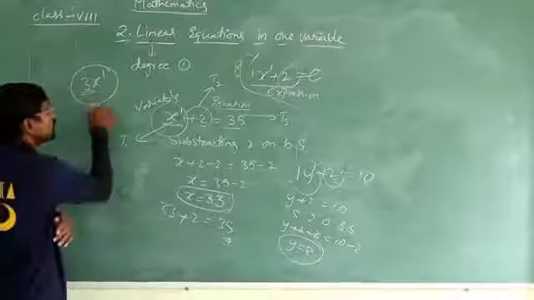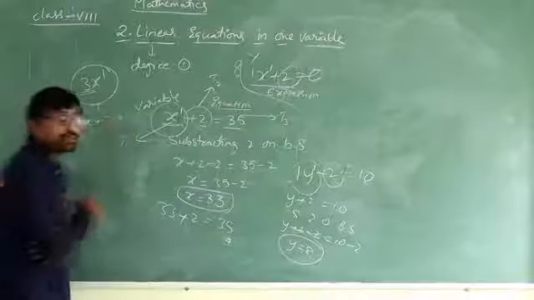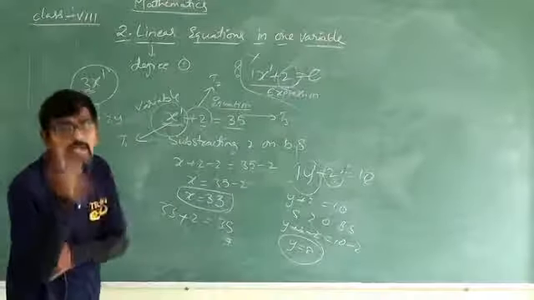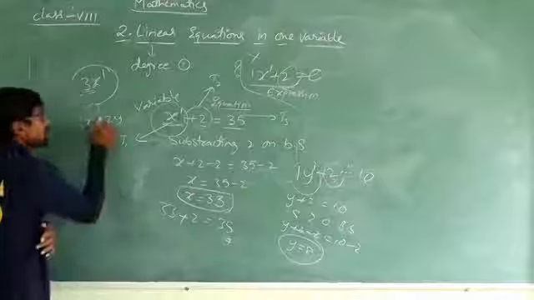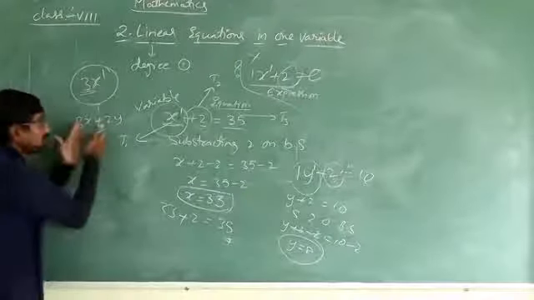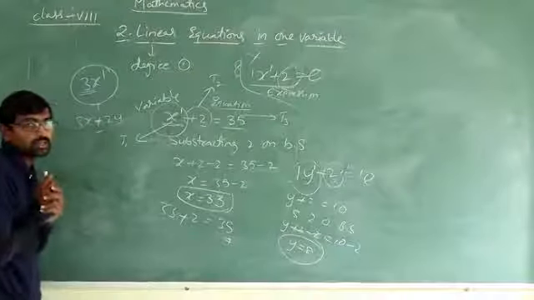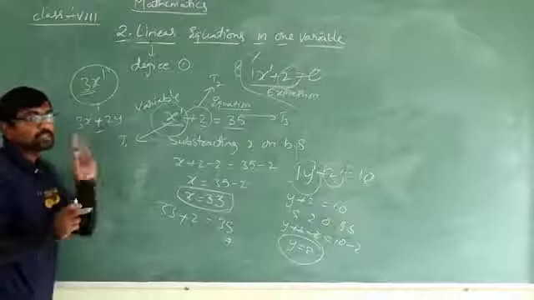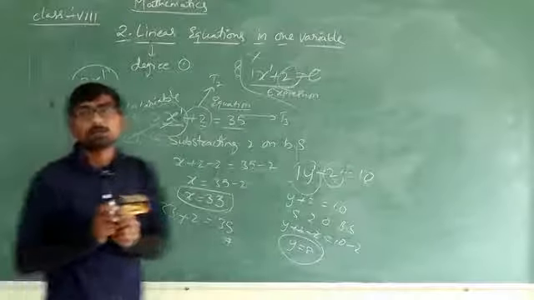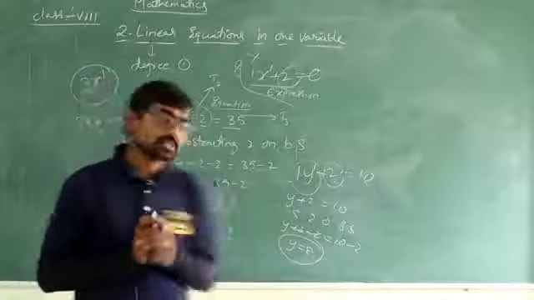So here we are having only one term. If I ask 3x plus 2y, how many terms are there? Here we are having 2 terms. Why? This addition or subtraction symbol divides the term into different parts. So remember, terms are divided only by addition or subtraction.